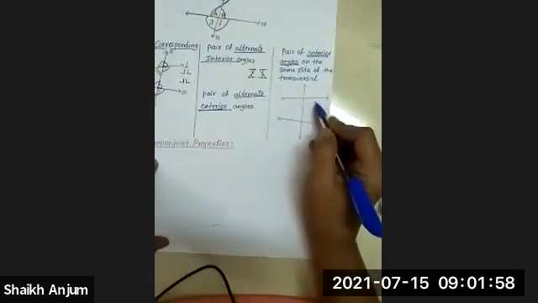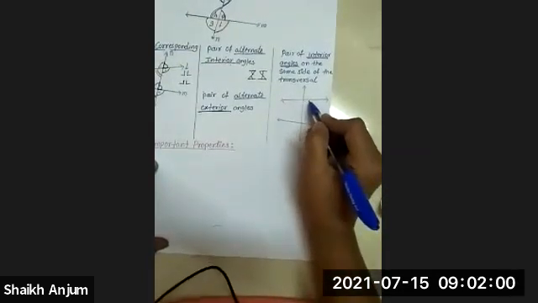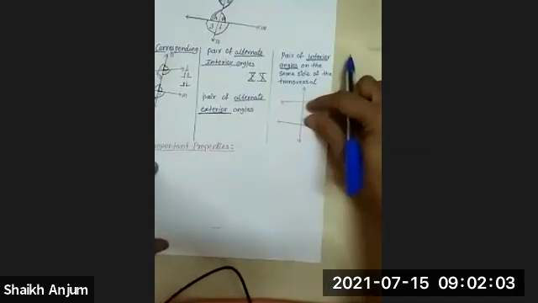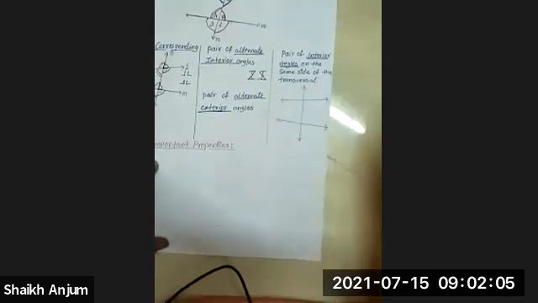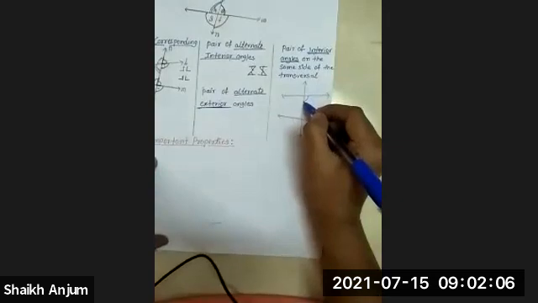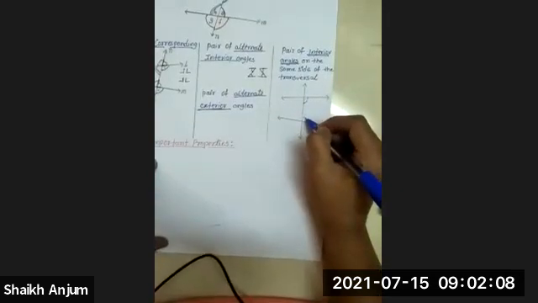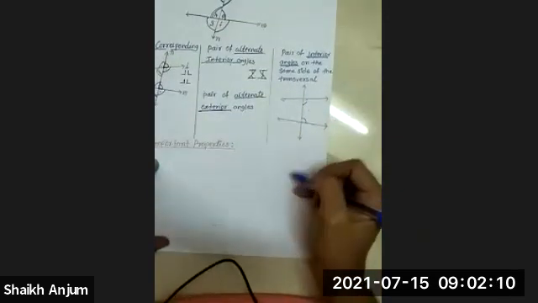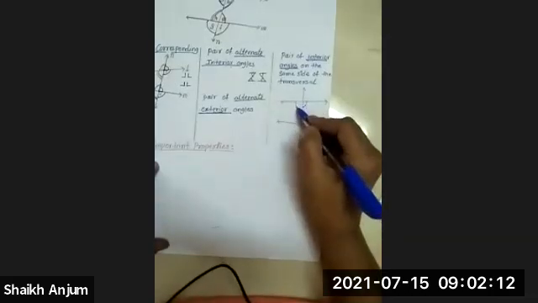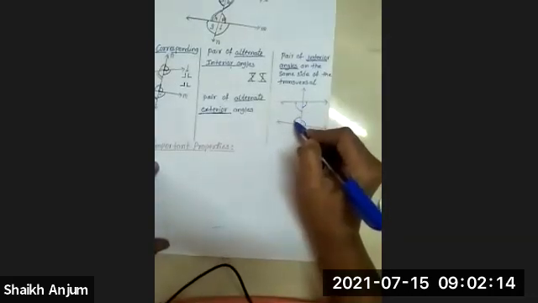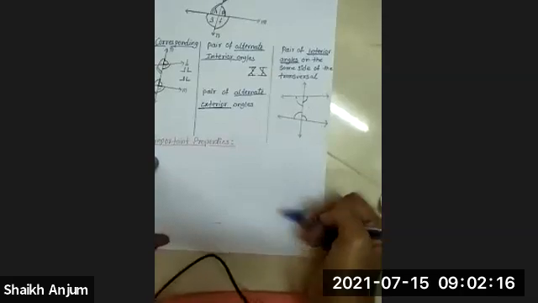Now these are two lines and the area between the lines, this area and this area. So this is the pair of interior angles. Now from this side, this is the pair of interior angles.